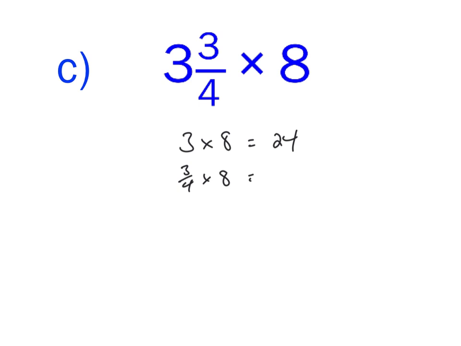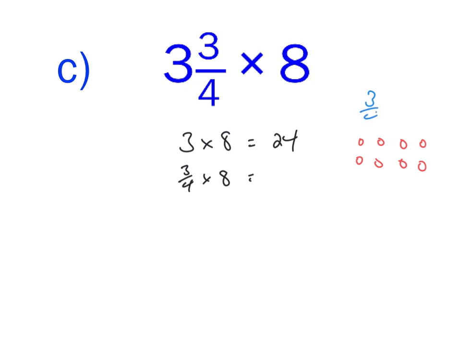Again, 3/4 of 8. So let's draw our 8 marbles. And we want to figure out what 3/4 of 8 is. So what we could do is take 3/4 and make it out of 8.